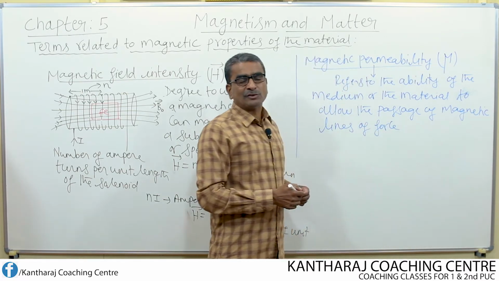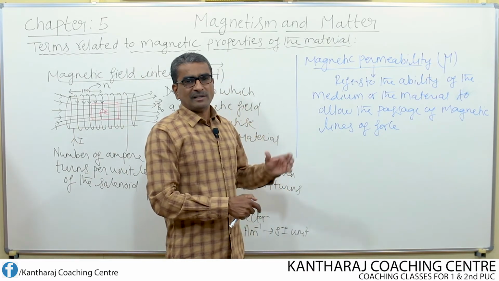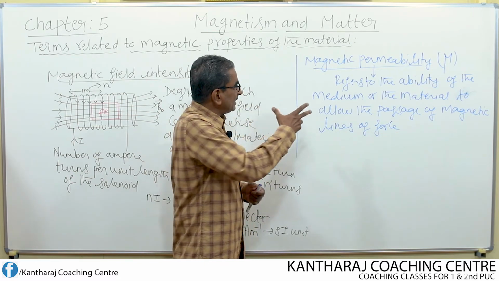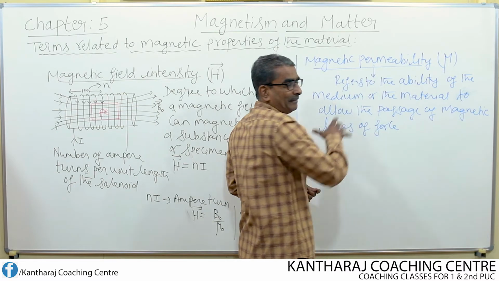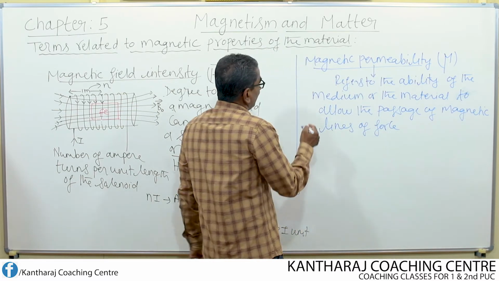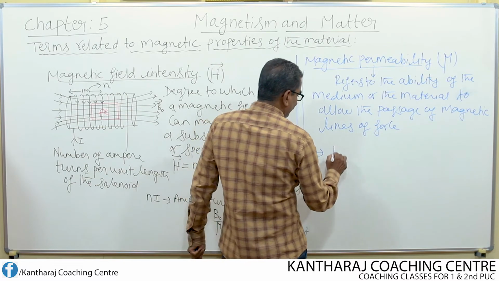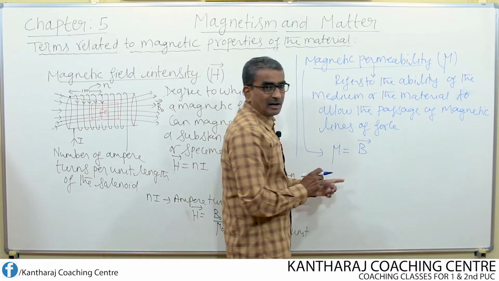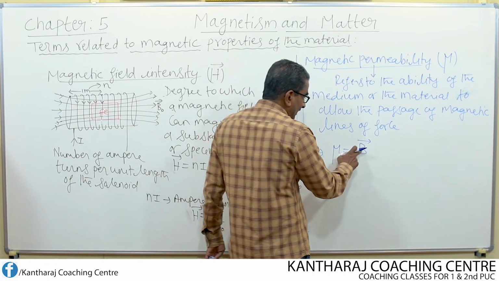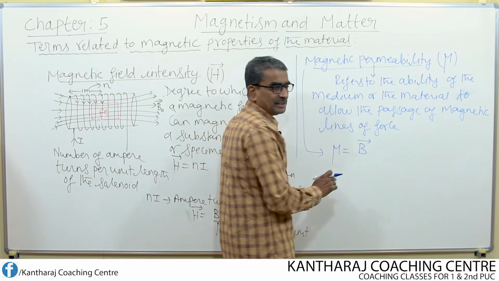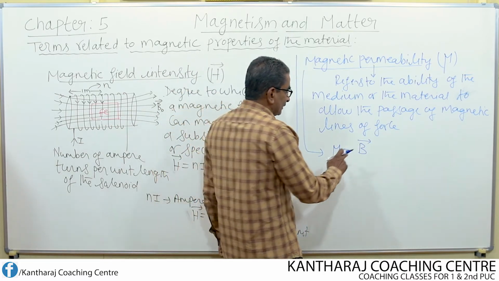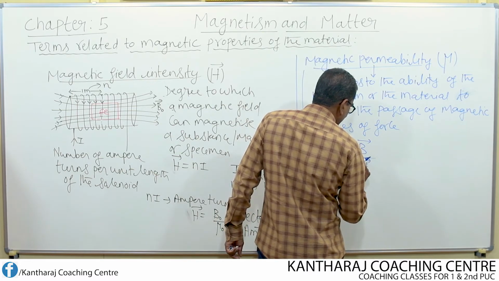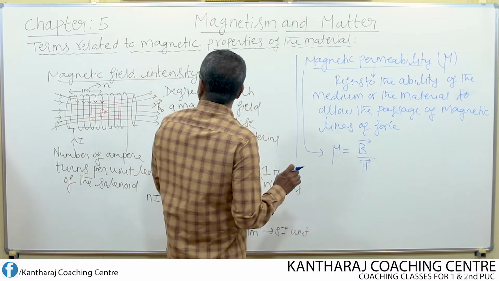Whether the material allows more magnetic lines of force to pass, or allows only a small number of magnetic lines of force to pass. That ability refers to the permeability of the given material, and it is defined as the ratio of the magnetic induction, or the magnetic field, magnetic induction, magnetic flux density, all are one and the same, to the magnetic field intensity.